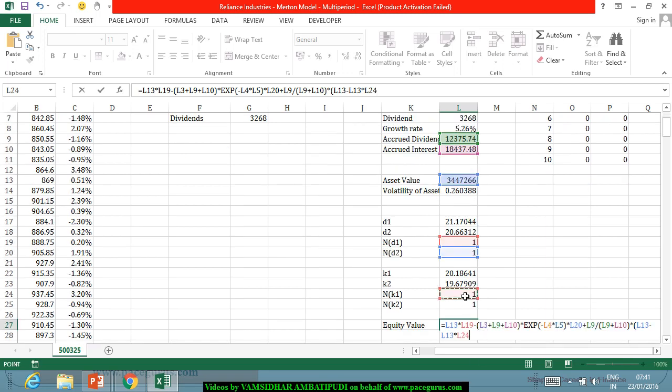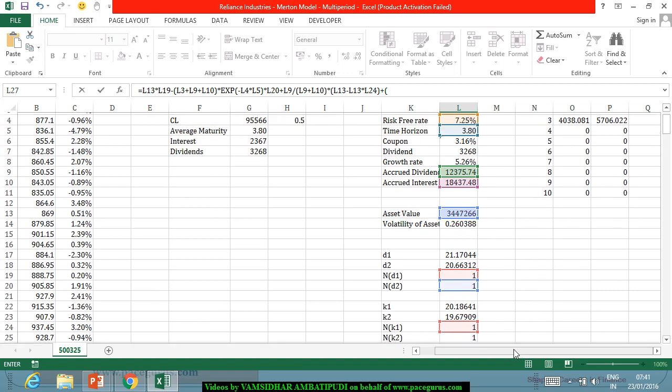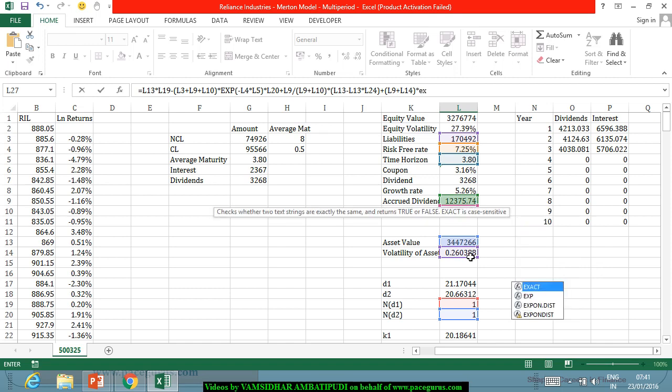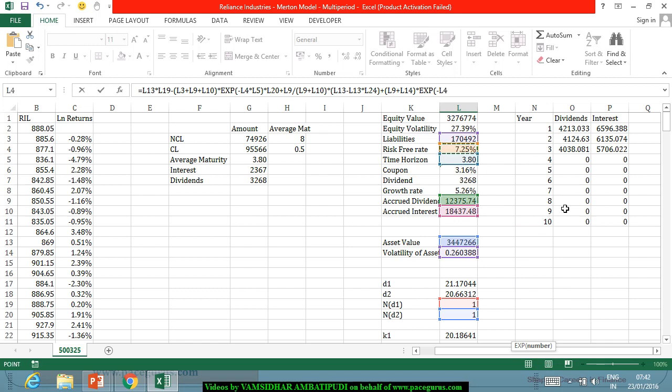So I'll take it as NK1, plus D plus I. Because I am taking the strike price as D plus I here, I'll take it as D plus I times e power minus r times (T minus t), times NK2.